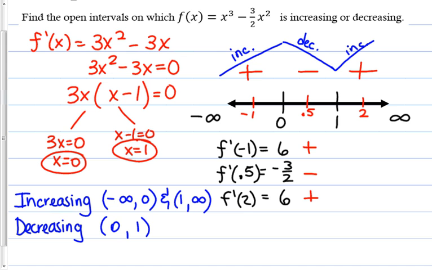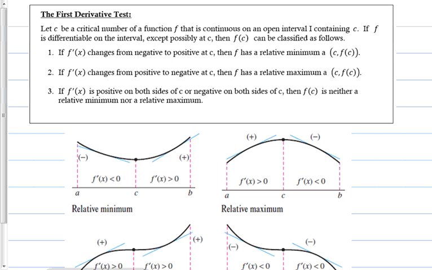Okay, so I haven't officially shown you the first derivative test definition, but this is basically the idea of using the first derivative to help me analyze the original function f. Okay, so here it goes. The first derivative test. Let c be a critical number of a function f that is continuous on an open interval I, they're just calling the interval I, containing c.